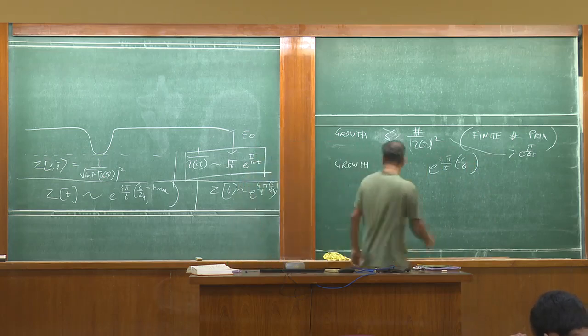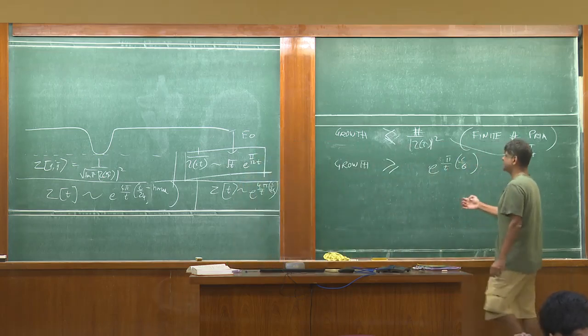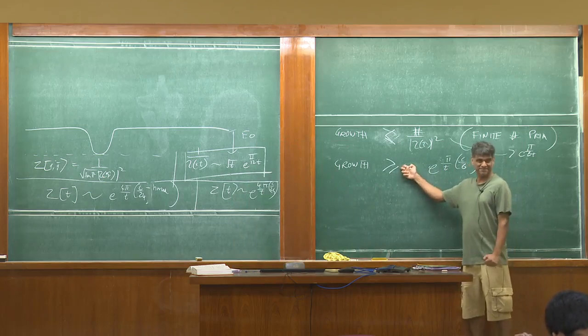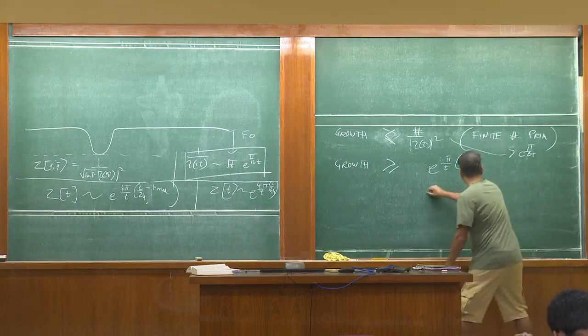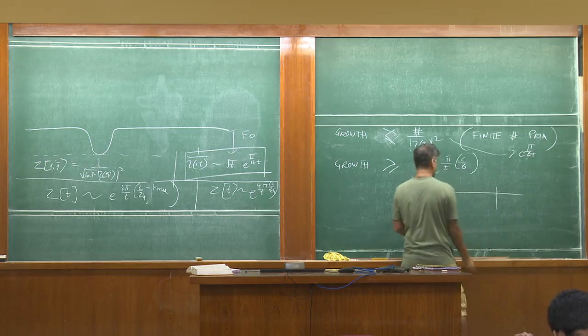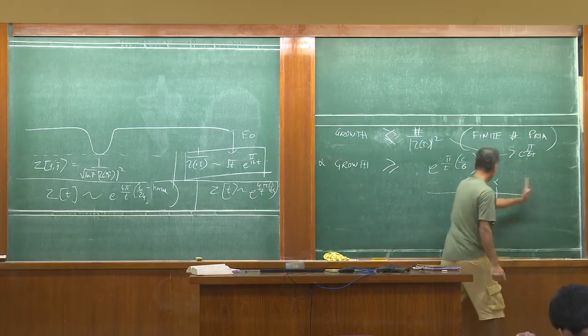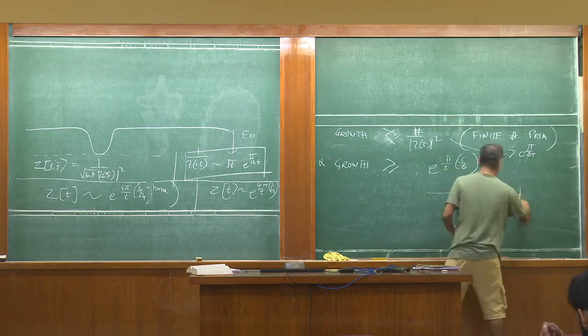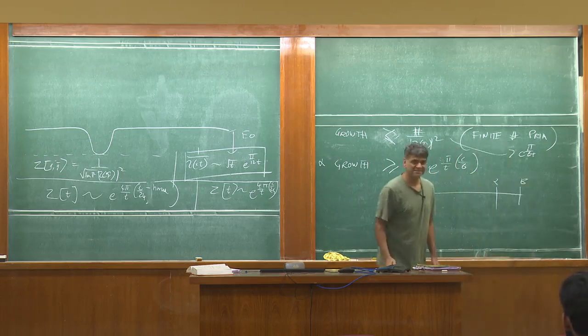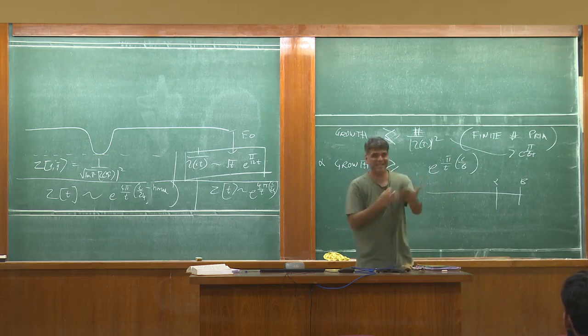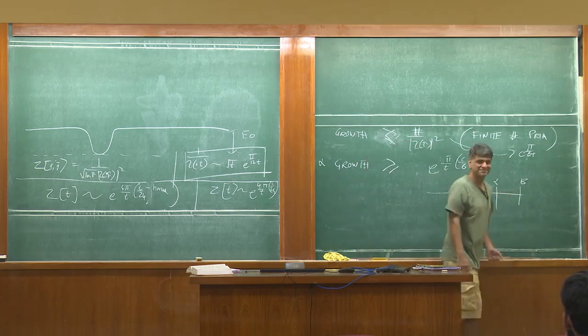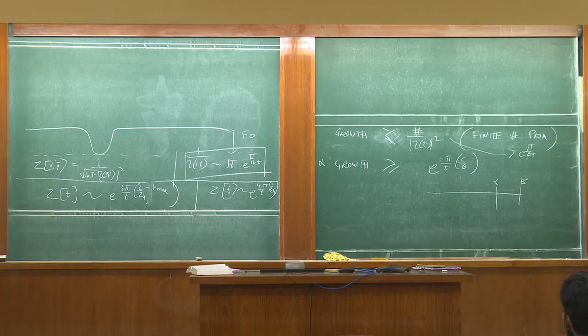Since the growth has to be faster than this, let's say we call this alpha. The growth has to be faster than alpha, but slower than beta. A solution to these double conditions exists only if beta is larger than alpha, so that you can be faster than alpha but slower than beta.